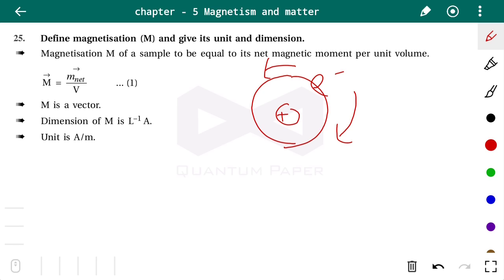Because of the current, a magnetic field is produced. The electron revolving around the nucleus in a circular path produces current, so this can be considered as a current loop. The direction of the magnetic field produced due to this current can be found using the right hand rule.